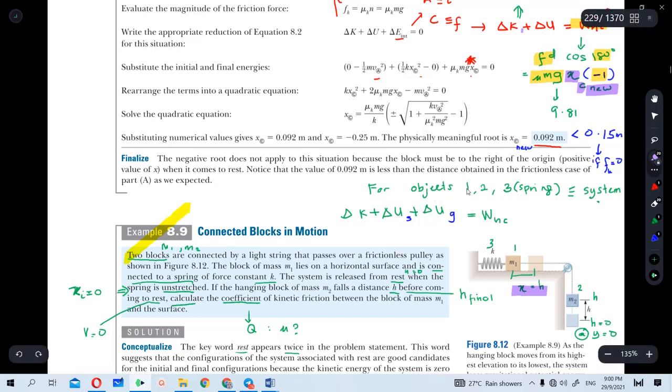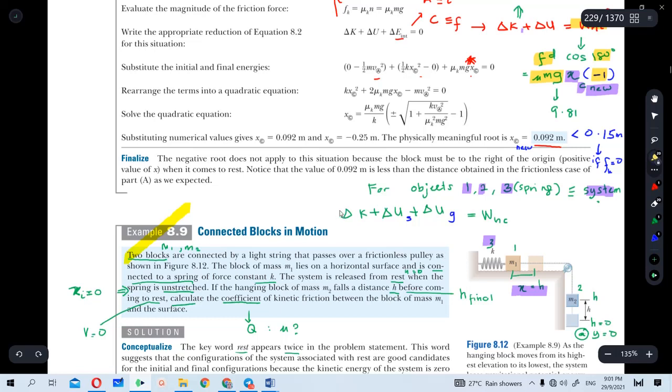Now, you will find that we have three objects in this question. Number one, mass 1. Number two is mass 2, hanging mass. And number three, the spring itself. And these three, we can consider as a system.